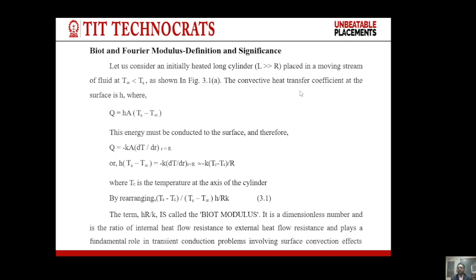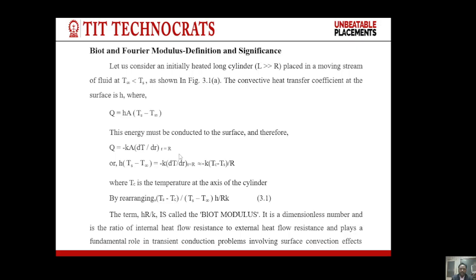The convective heat transfer coefficient at the surface is h. So the heat transfer rate will be Q equal to hA(Ts minus T infinity). This energy must be conducted to the surface, and therefore Q is equal to minus kA dT upon dr. This is conduction, and that is convection.